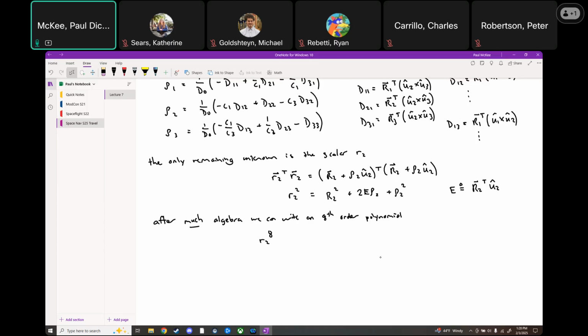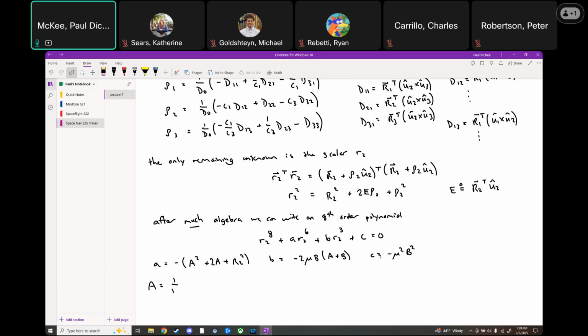R2 to the 8th power plus a R2 to the 6th power plus b R2 to the 3rd power plus c equals 0, where a is equal to negative capital A squared plus 2 capital A times e plus R2 squared. B is negative 2 mu, there's the gravitational parameter, times capital B, and then in parentheses, capital A plus e. And then c is negative mu squared B squared.